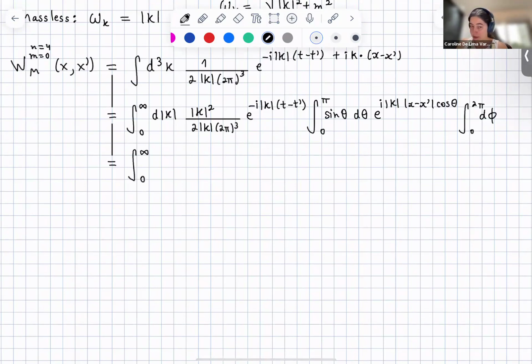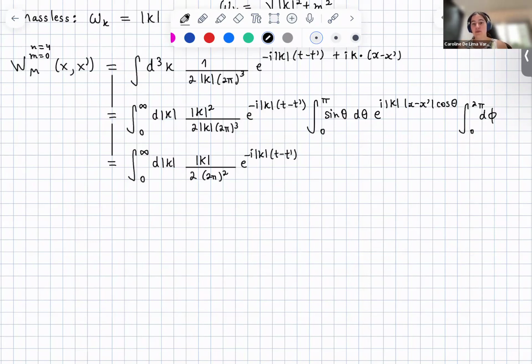So I can just plug this in here and simplify a little bit. So I just have k and then (2 pi) cubed, and then just repeating this part.